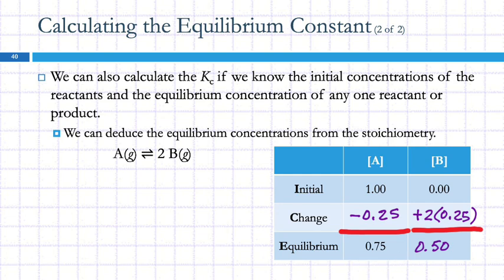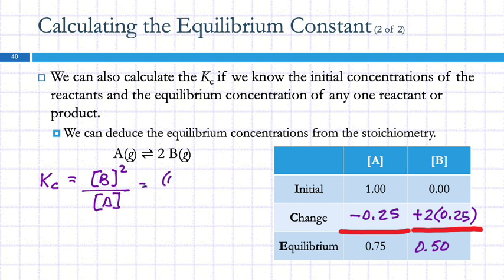Now that we have equilibrium concentrations, we can calculate the equilibrium constant. So the expression for this would be the concentration of B squared divided by the concentration of A. So I've got those numbers.